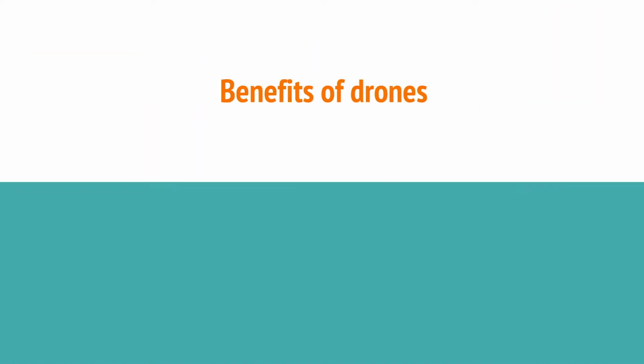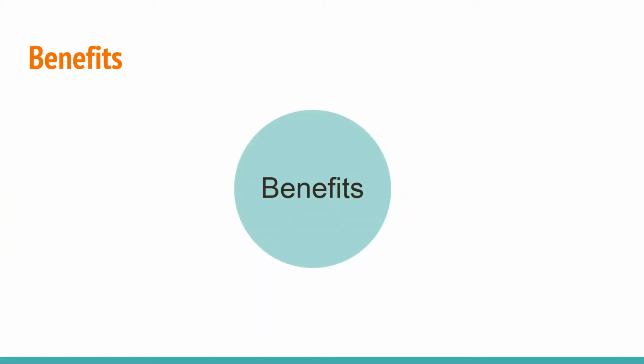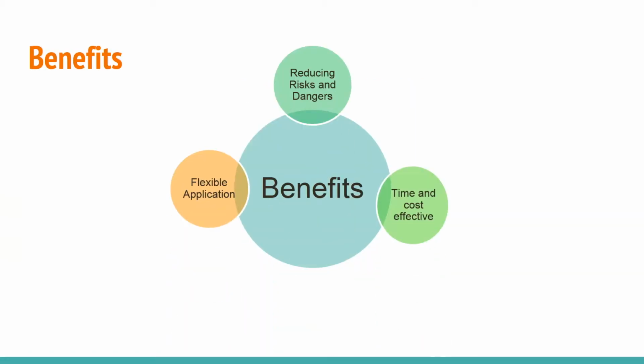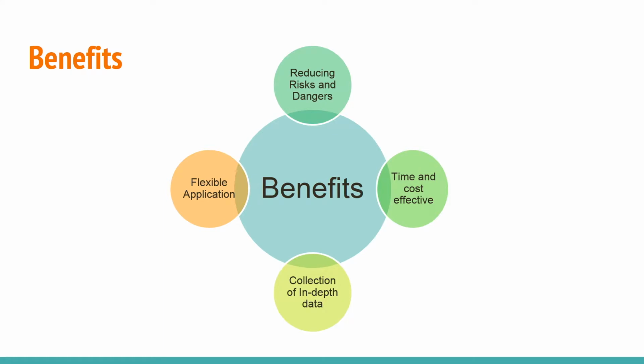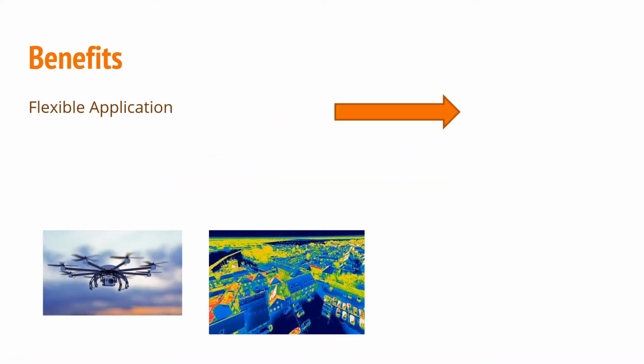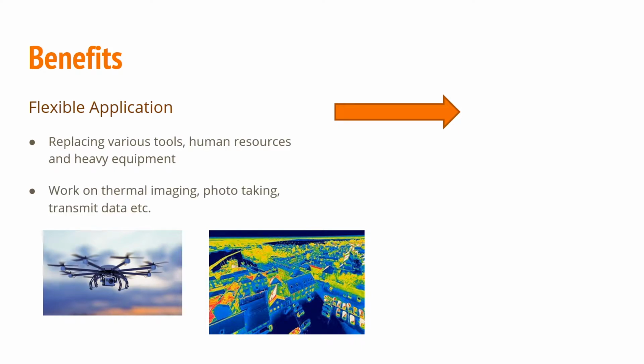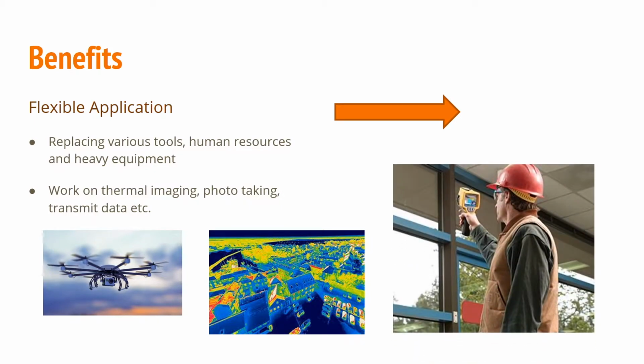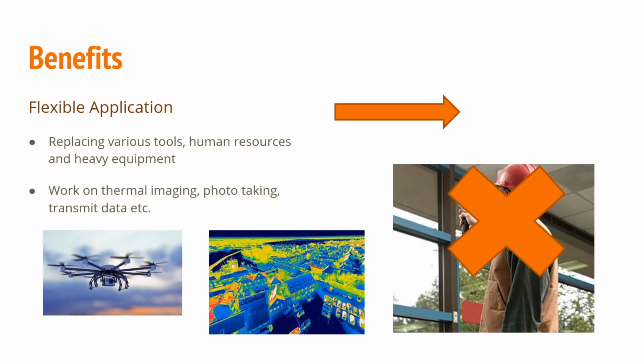Now let's talk about the benefits of drones. These are the 4 advantages from drones that we can conclude from our analysis. I will first talk about the flexibility of drones, as drones can be adopted for various purposes such as thermal photo taking. This can therefore save labor and additional equipment costs, and time and cost effectiveness can be achieved.